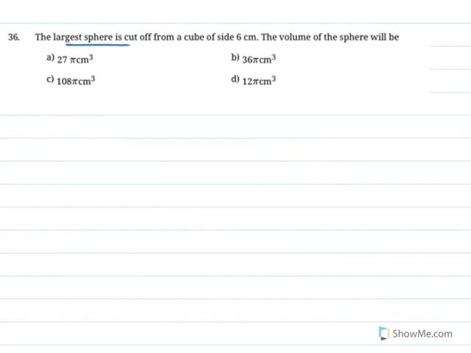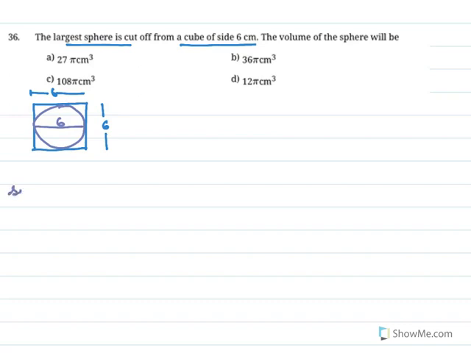The largest sphere that is cut out of a cube of 6 centimeters. So we have a cube of 6 centimeters and the largest sphere that will be cut out from here will be this. And if you see here, 6 centimeters is the side, this is 6 centimeters, and this also will be 6 centimeters, and the diameter will be 6 centimeters.